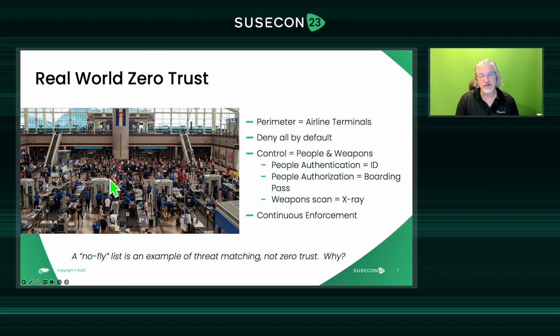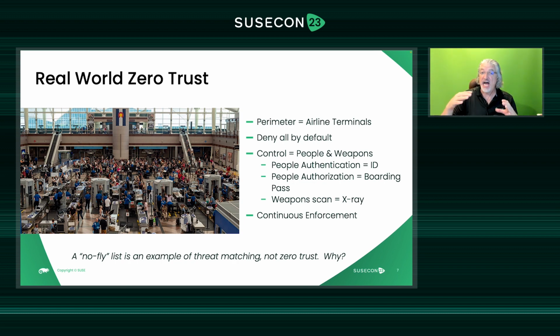Deny all by default is everyone who has to go through this x-ray machine and all this kind of stuff, right? So once you're authenticated and authorized, then they check your name against this no-fly list. And if your name appears there, you won't get to fly. So that's another layer of security, yes, but it's threat detection. Why? Because the names on that list are what we're matching against. This is not deny all by default.